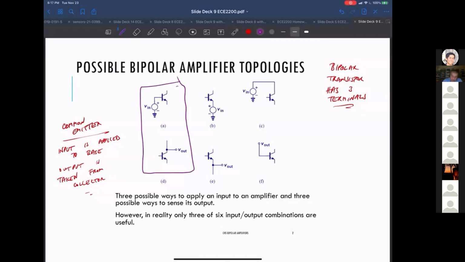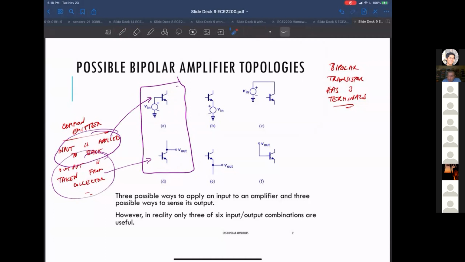So input is connected to the base, output is taken from the collector, and this emitter here can either be connected to ground, connected to a resistor, or maybe connected to a current source, but that's what a common emitter configuration has.